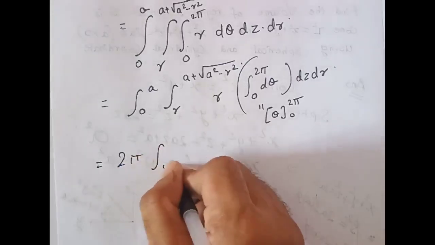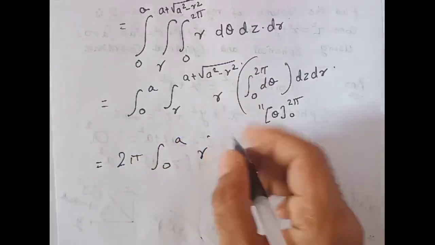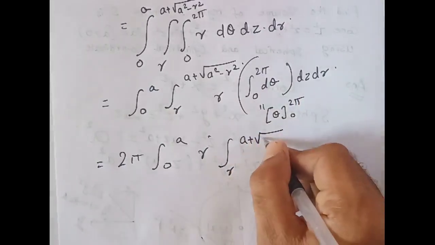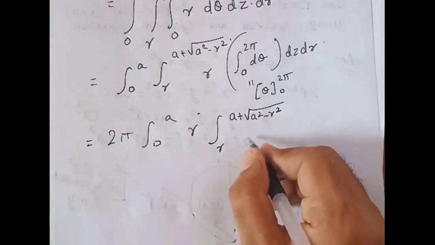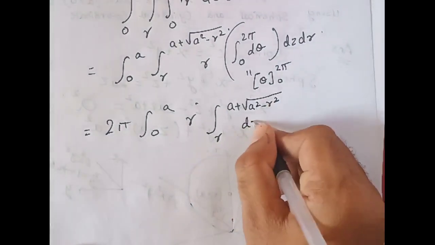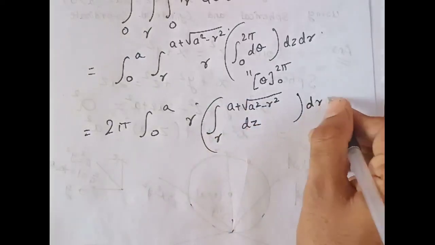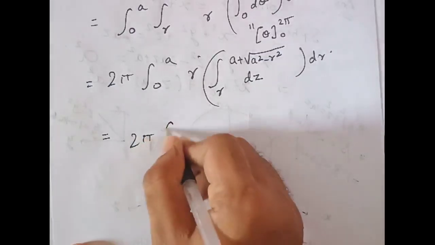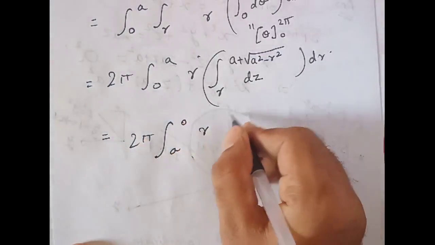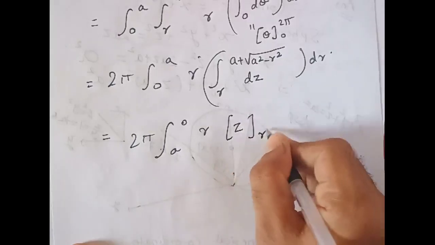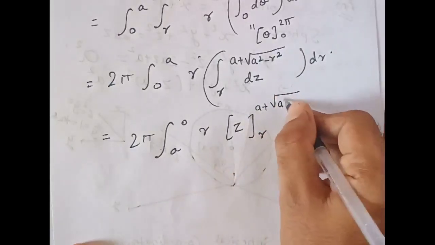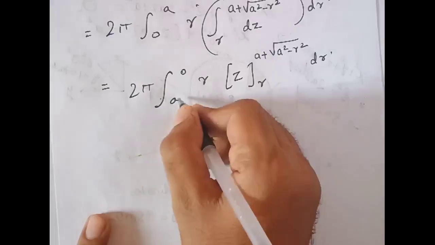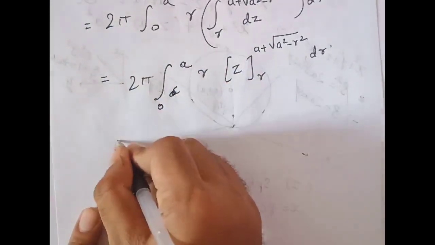So 2π integral 0 to a, then r is a constant with respect to z, so r, z from r to a plus square root of a² minus r², and then finally we get dz dr. Alright, so this comes out to be 2π, integral 0 to a, r times z evaluated from r to a plus square root of a² minus r², dr.